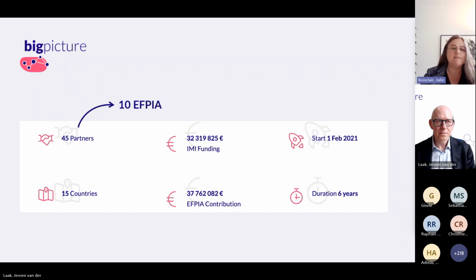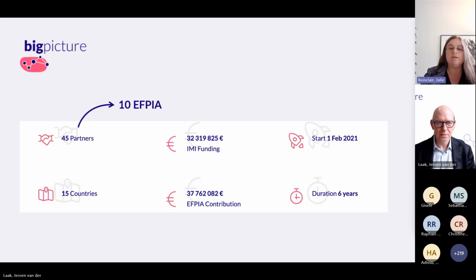And then if we look on the next slide, what is Bigpicture by numbers, if I may say: we have 45 different partners, 10 of which are from the EFPIA community, which is the pharmaceutical companies. It's 70 million in total, half of which is coming from in-kind contribution from the EFPIA partners. The other half is coming from the European Union. It started on the 1st of February 2021.